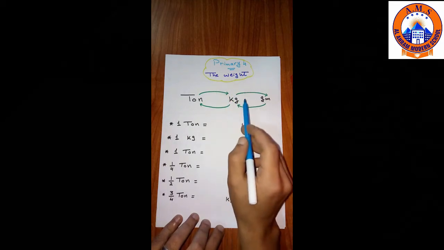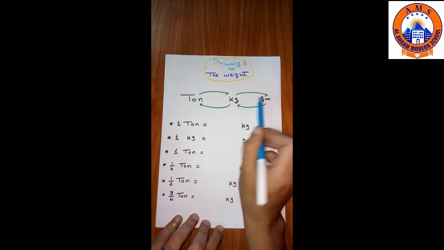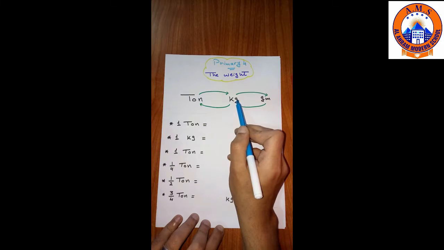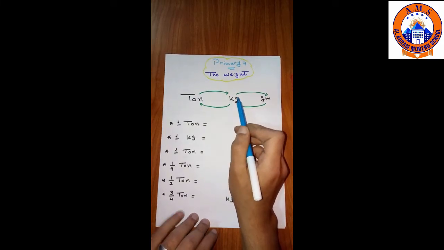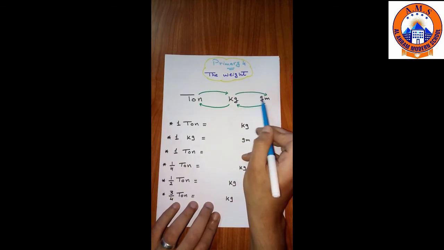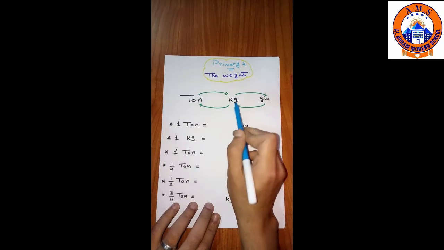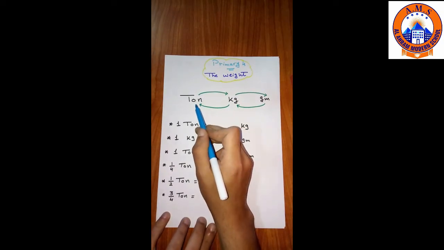You have studied before the units of weight, which were kilogram and gram. Kilogram is mostly used to measure the weight of a human or something of middle weight, but the gram is used for something lighter than the kilogram. And we have a new unit this year, which is the ton.